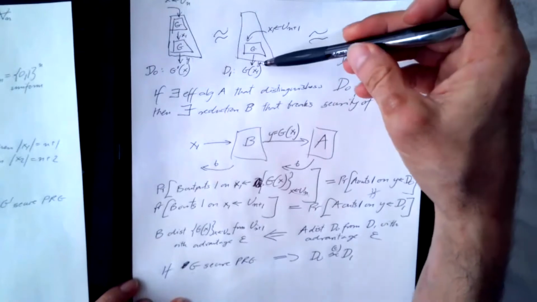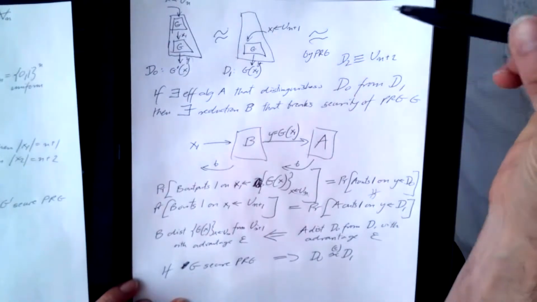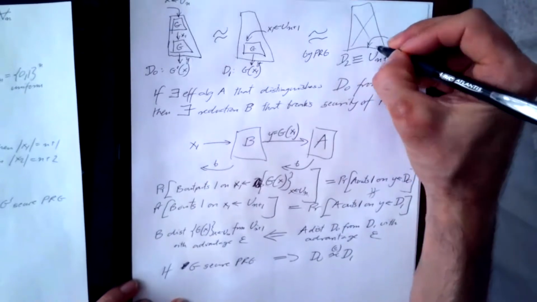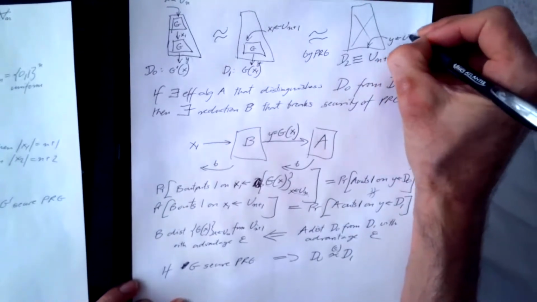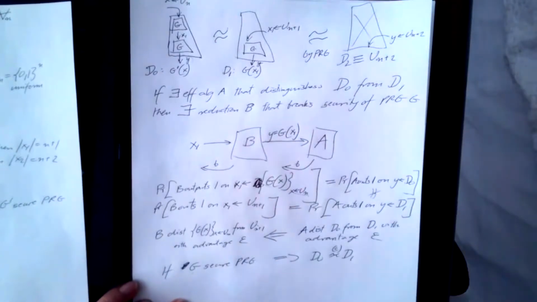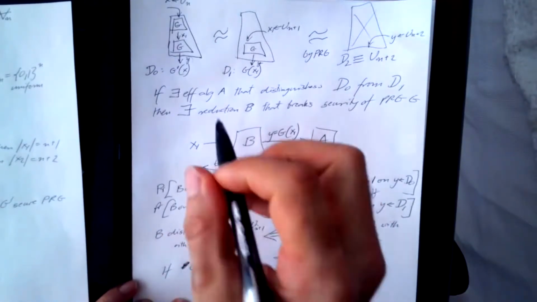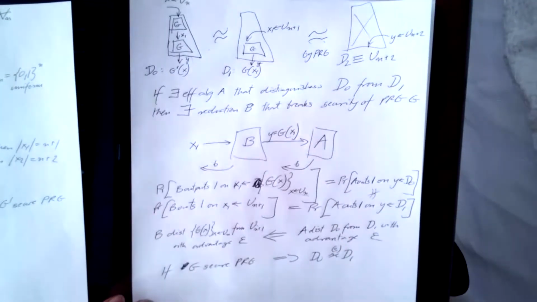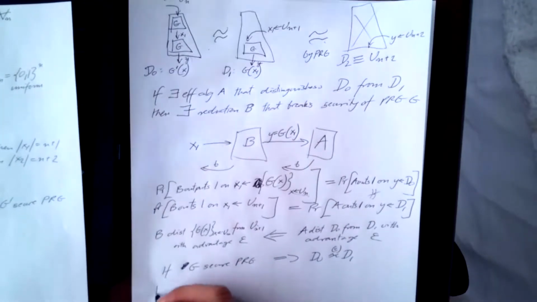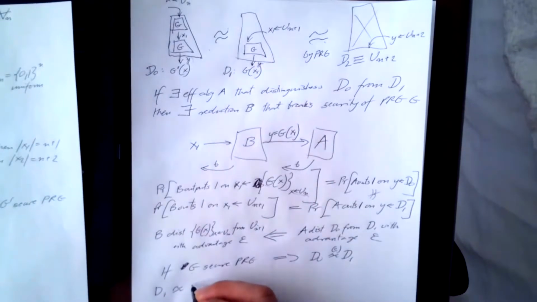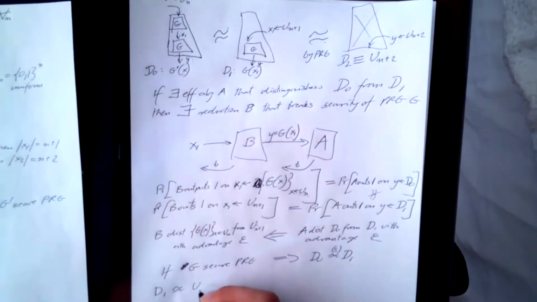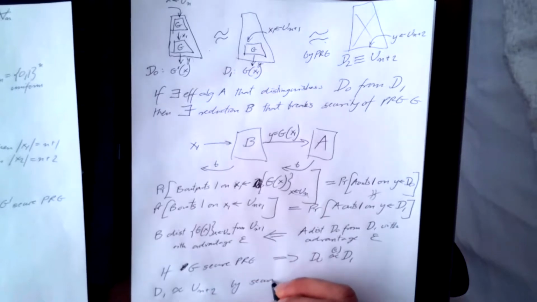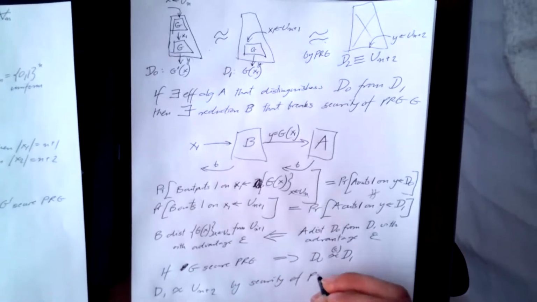It simply picks this output at random. Just do nothing here and pick Y directly from UN plus 2. And by transitivity of indistinguishability, D1 is indistinguishable from UN plus 2, that follows by security of the PRG as well.